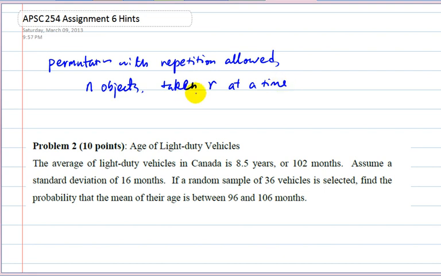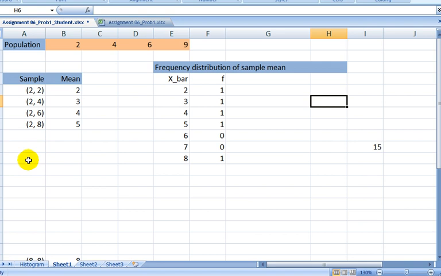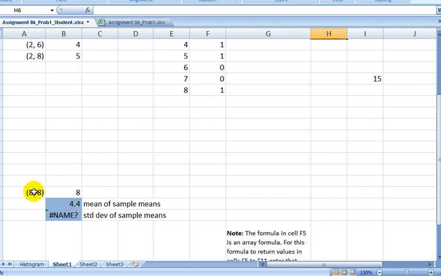In this particular case, we have 4 objects and we take 2 at a time. You take 1 and then you put it back and you can take another one, so repetition is allowed. The formula is the number of possibilities is n to the power of r. So what you have here should be 16. If you go back to the Excel, there should be 16 of them listed over here.